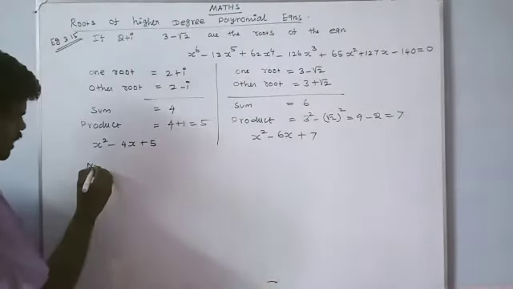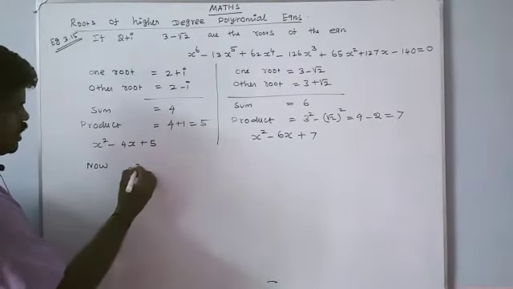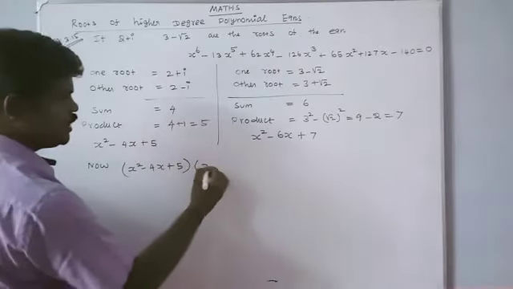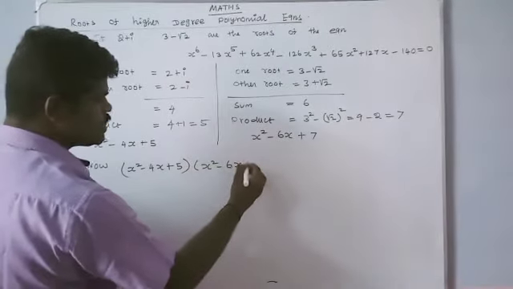Now we have to multiply these: x squared minus 4x plus 5 into x squared minus 6x plus 7.